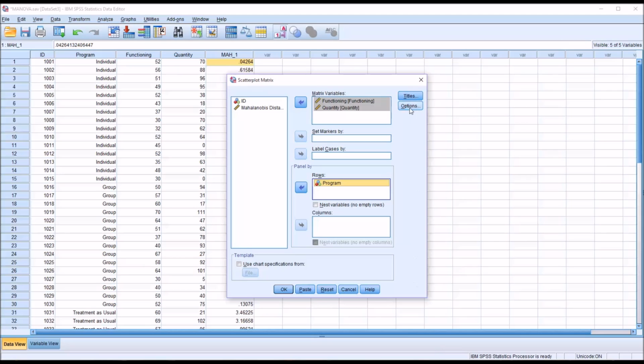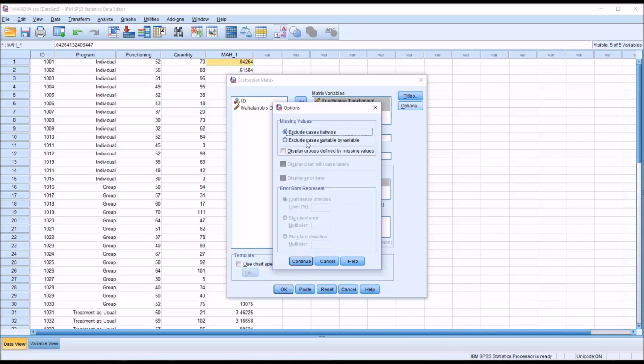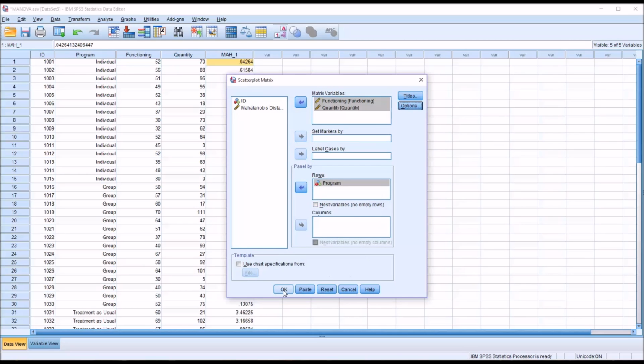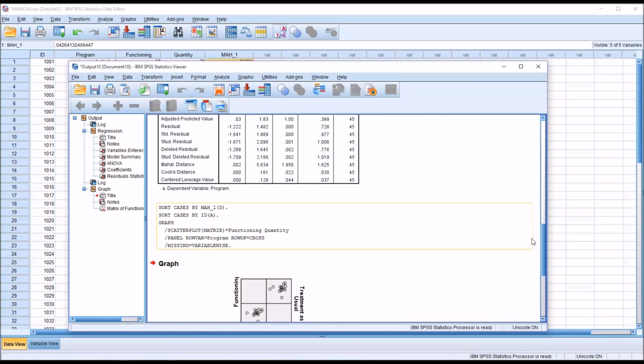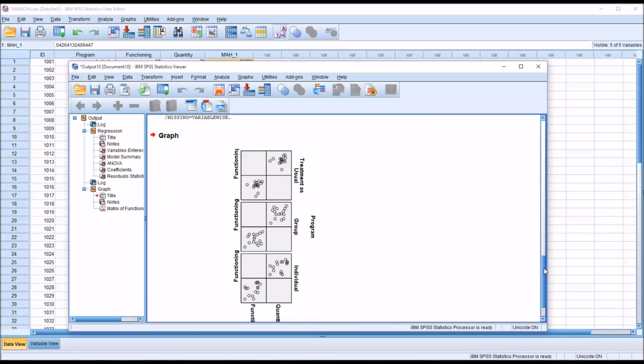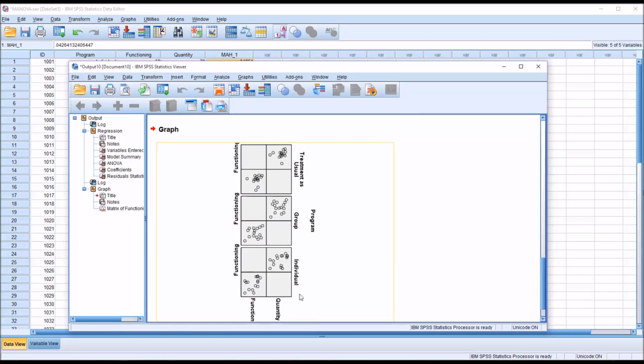And I will make a change under Options. I'm going to exclude cases variable by variable. There are no missing cases in these fictitious data, so you don't have to worry about it here. But if you are missing values, you do want to exclude cases variable by variable for this analysis. So we'll click OK. And what we're looking for here is an elliptical pattern generally moving from the bottom left to the top right.